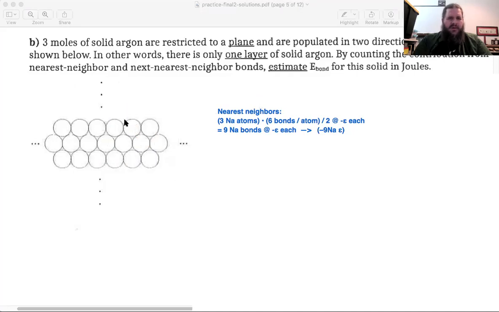Let's say we're still talking about some central atom, and we want to find its second nearest neighbors. Again, you could imagine this gradually expanding circle or sphere.